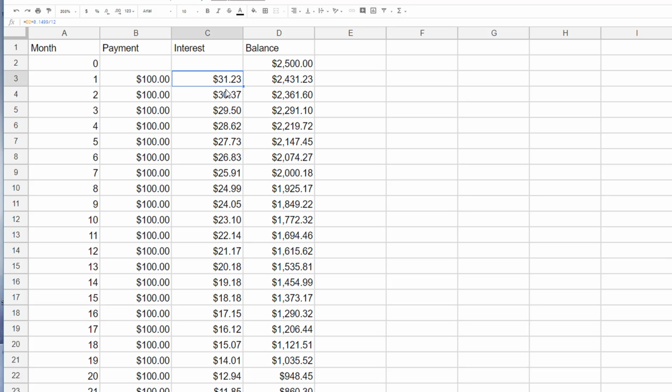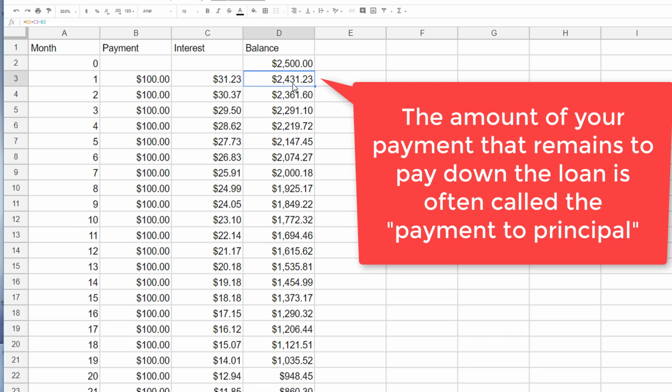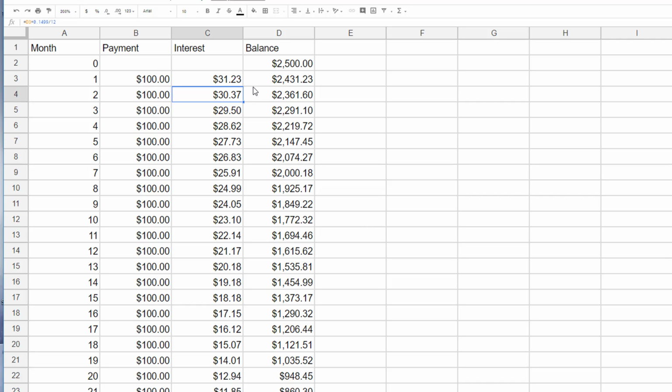Well, take a look. I have interest that has accrued of $31.23 based on my remaining balance. So when I make a payment of $100, the whole $100 doesn't go to pay off the loan. The bank keeps $31.23 as their profit. They let the rest of it pay off the loan. The next month, there's a little less interest, again, because it's based on the remaining balance.